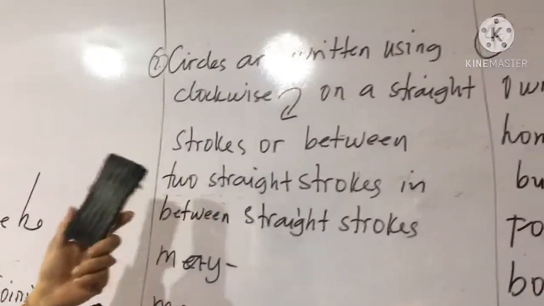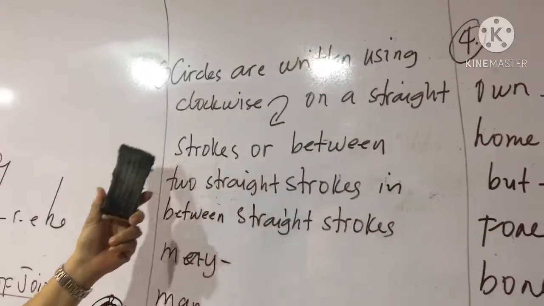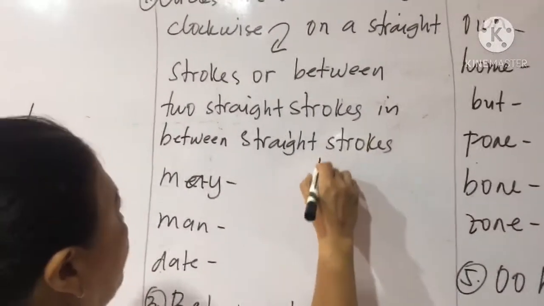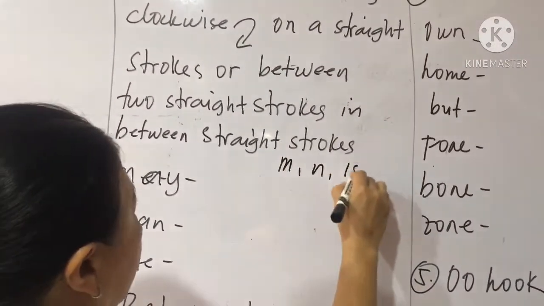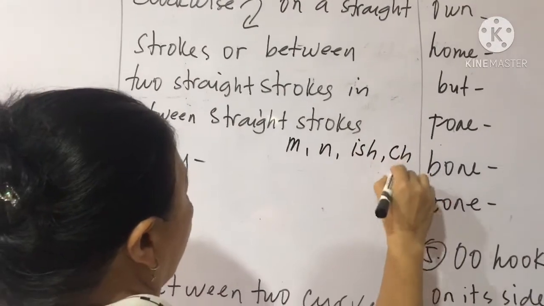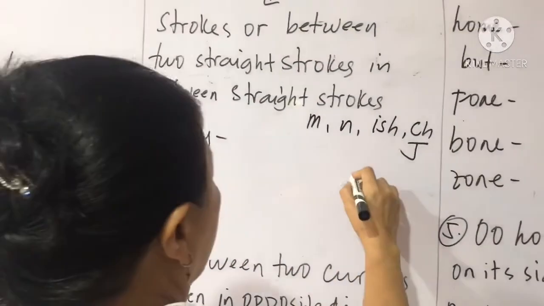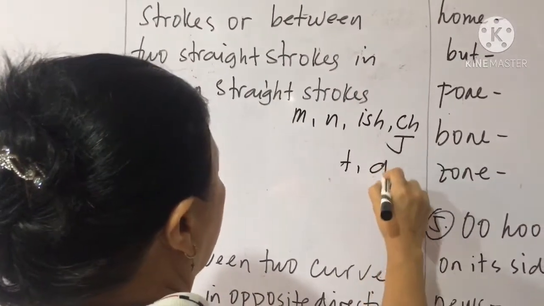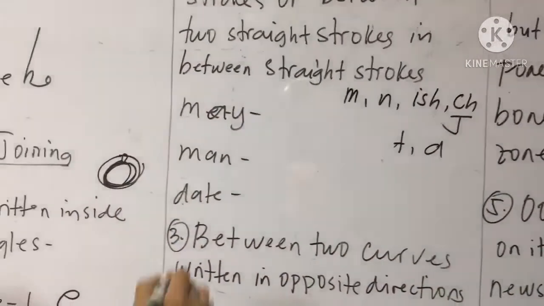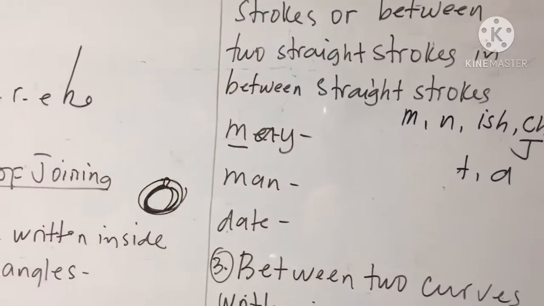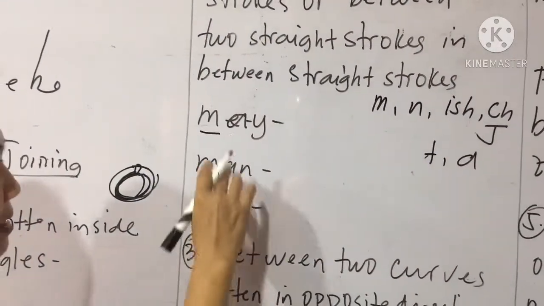Second, circles are written using clockwise on a straight stroke. What are those straight strokes? We have letter M, and we have ISH, CH, and letter J, and also letter T and D. Okay, and the word may. Our second principle says that the circles are written using clockwise.